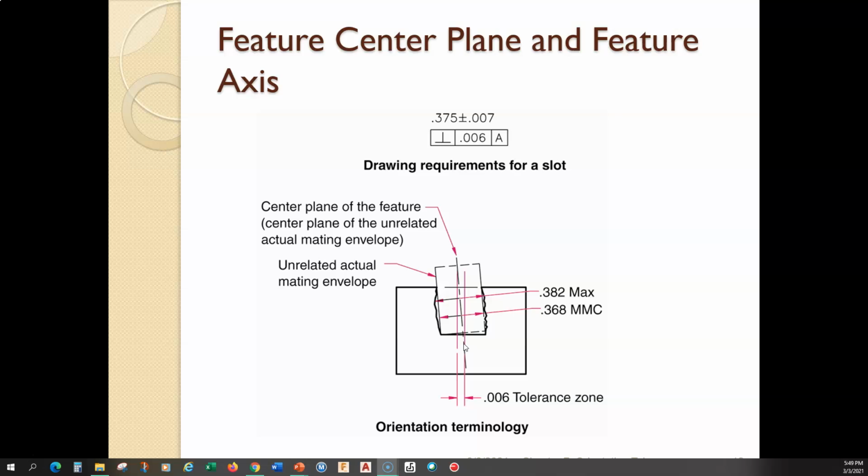All right. And then we can derive what's called the derived median plane. We can derive the median plane of the slot by just making measurements across the width, right? And that would basically find the center plane of the slot. And as long as that center plane lies within this 6 thou tolerance zone, then it's a good slot.